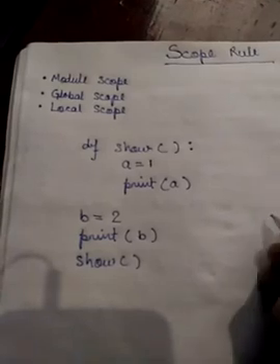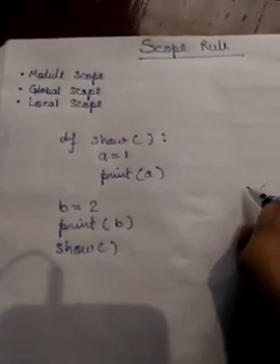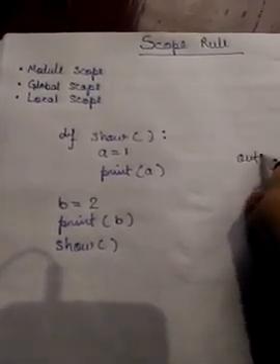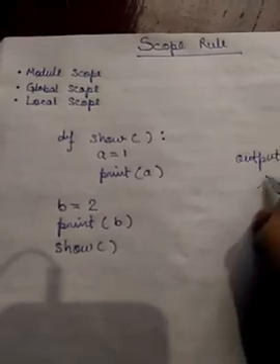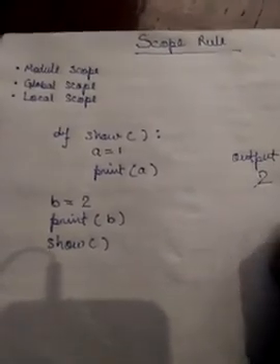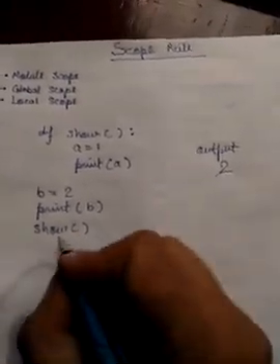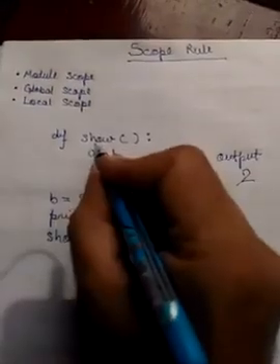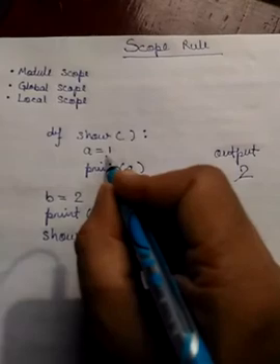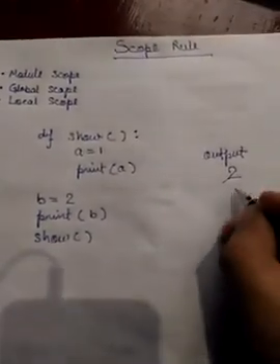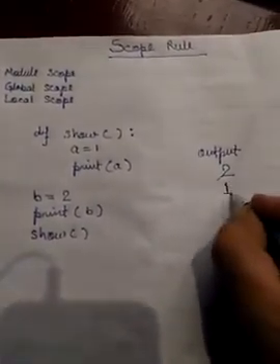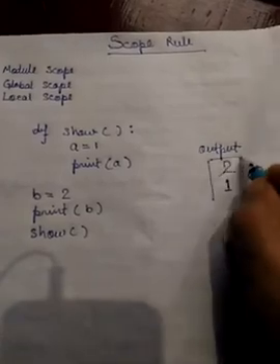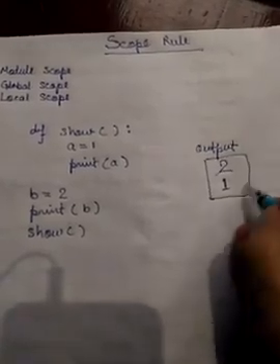It will give you output 2, and then there is the calling of the function. Again, the interpreter moves to the function. Here it is a. Print a. It will give output 1. So this is the output of the program.